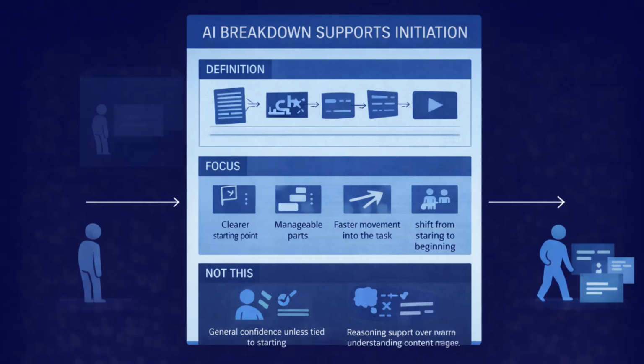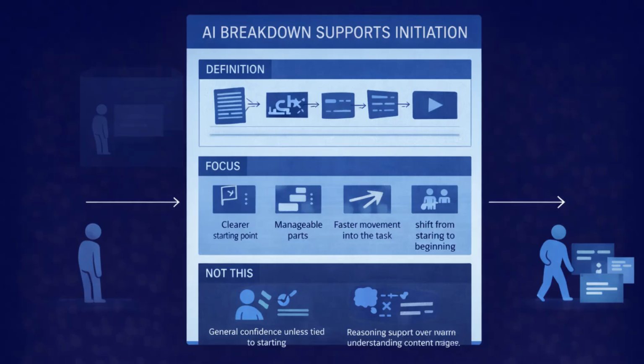The definition might clarify that this code captures moments when AI helps the learner begin a task by organizing, simplifying, or breaking directions into manageable parts. The focus areas might include clearer starting points, more manageable steps, faster movement into the task, or the shift from staring to beginning.